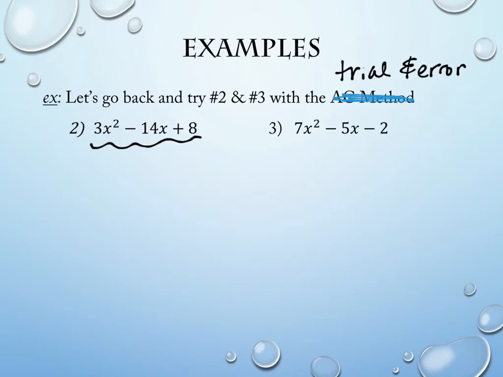So, start with parentheses. There's only one way to get 7x squared. 7x and x. Okay? It's actually not too unfriendly because I only have one option here. The next part's not exactly super friendly, because I have a negative here, which means I have one negative sign and one positive sign, and I just have to put them in and see what happens.